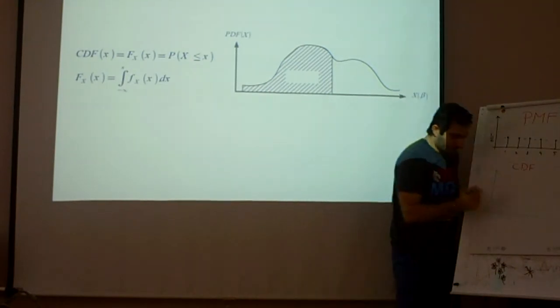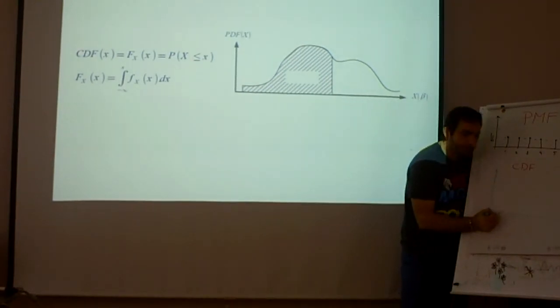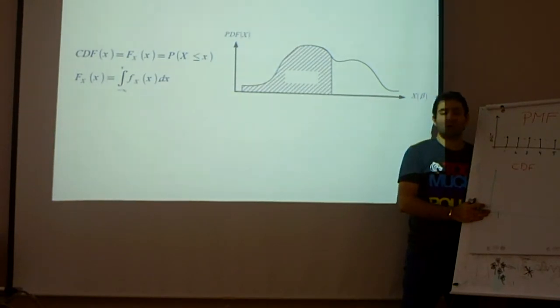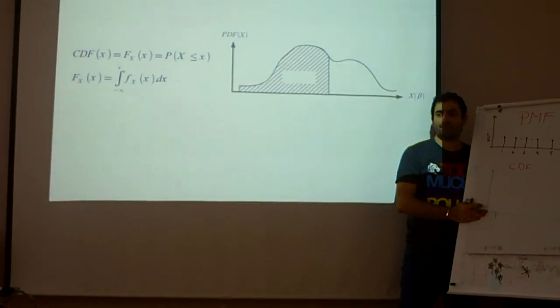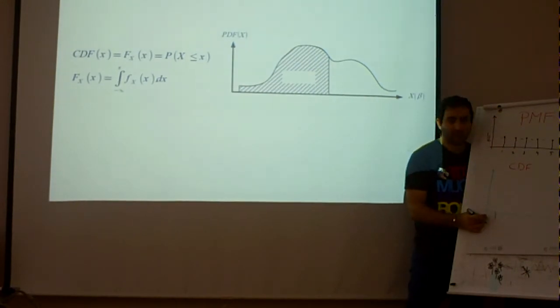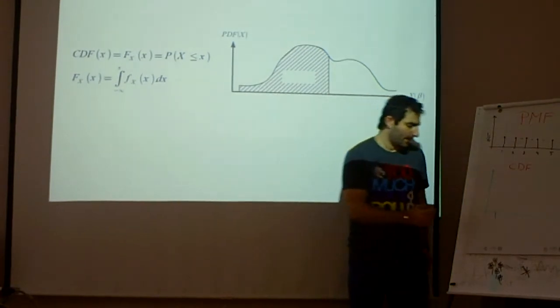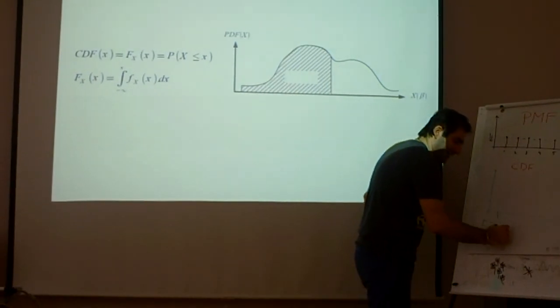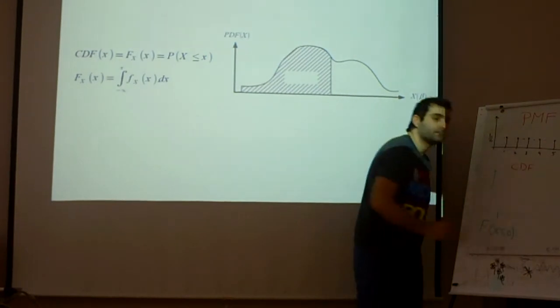Now, the first value is 1, right? Before 1, what is the value of the CDF? Let's say if the random variable is 0, what is F of x less than or equal to 0?